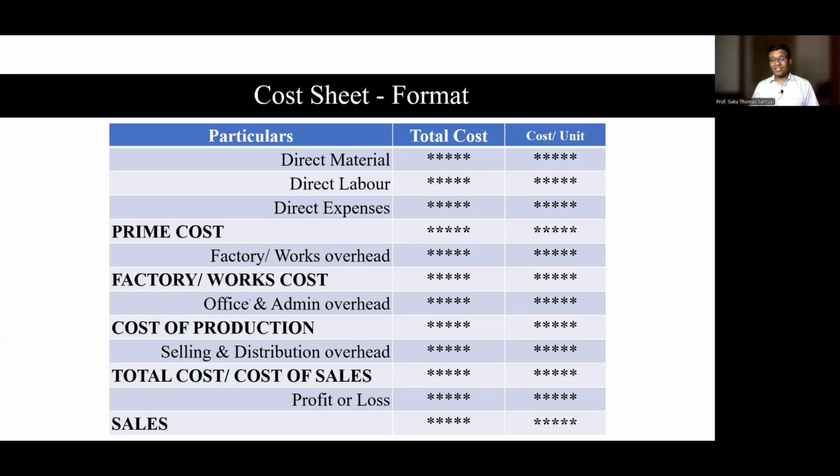Works cost or factory cost plus office and admin overhead gives you cost of production. Cost of production plus selling and distribution overhead gives you the total cost or cost of sales. Now, along with this, whenever you end up adding your profit component, that will give you the total sales of your organization. So with that, we've discussed in detail about the cost sheet.